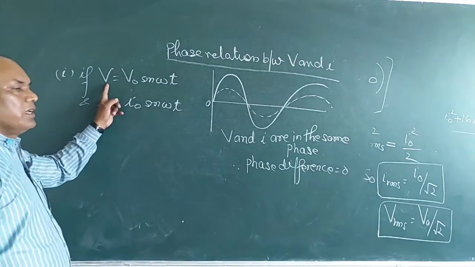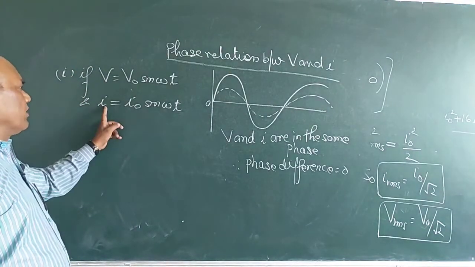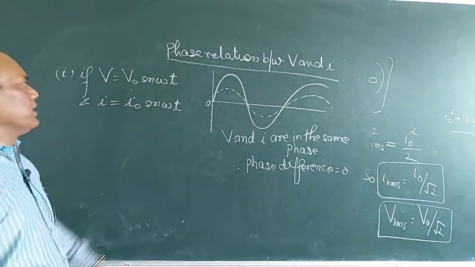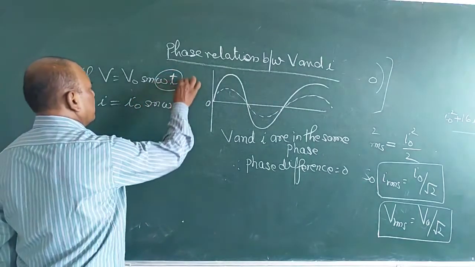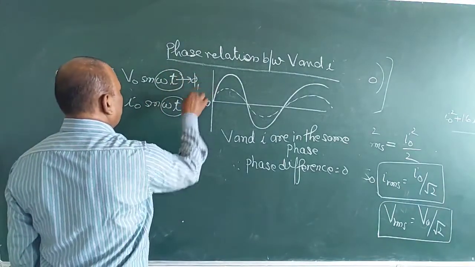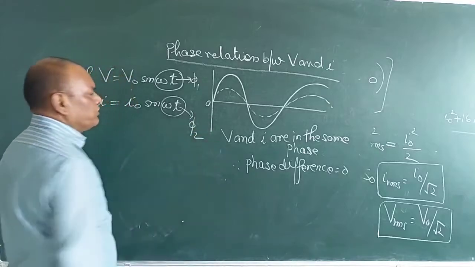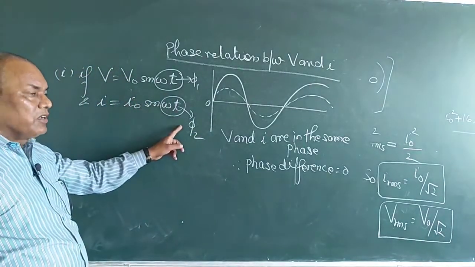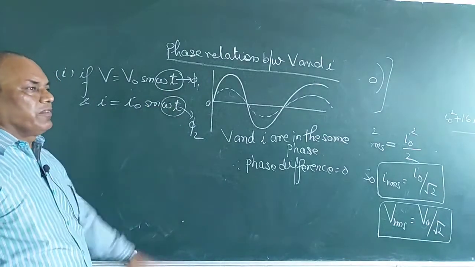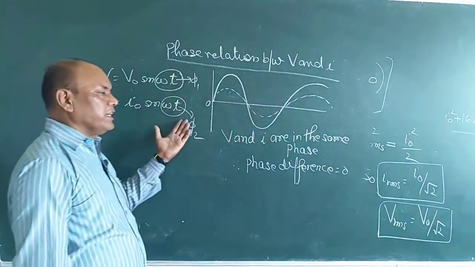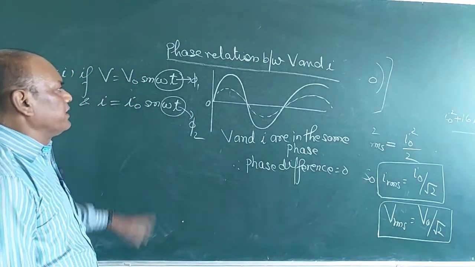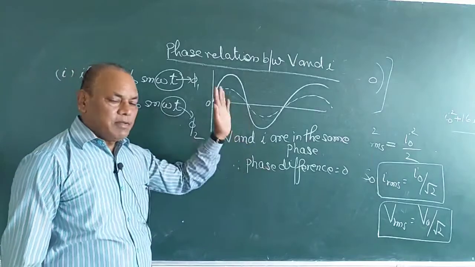So if you have equations for voltage and current in this way, V0 sin omega t, I0 sin omega t, then the values are similar. Here, this is called phi 1 and this is called phi 2, that is the phase of voltage and the phase of current. Both are similar, so their difference will be 0. So if such equations are established between voltage and current, then both are said to be in the same phase.